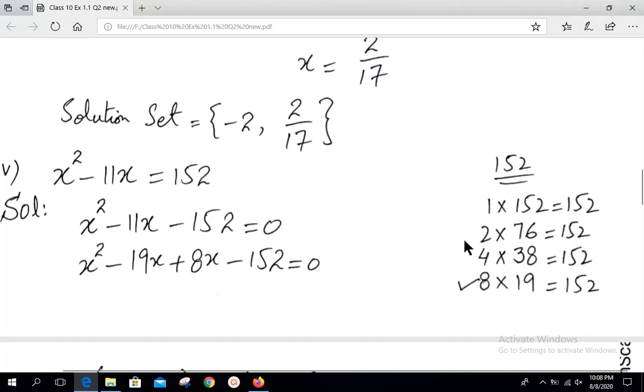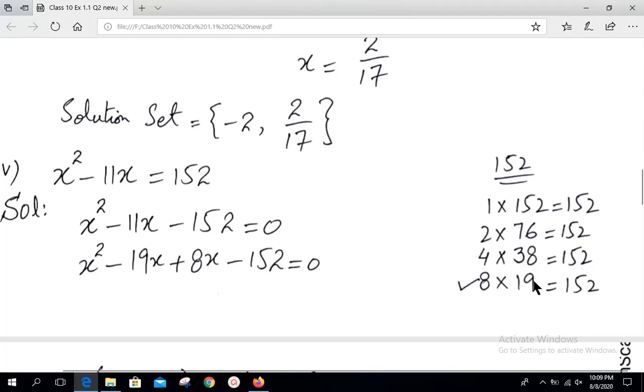152 is an even number, it is divisible by 2, so 2 into 76 makes 152. Then by the same rule, 5 plus 2, 7 plus 1, 8 is not divisible by 3, so 3 is not a factor of 152. We check by 4, 4 divides it, yes, 4 into 38 makes 152.